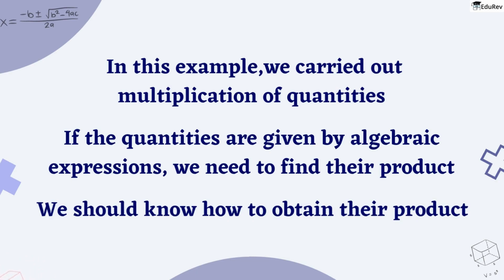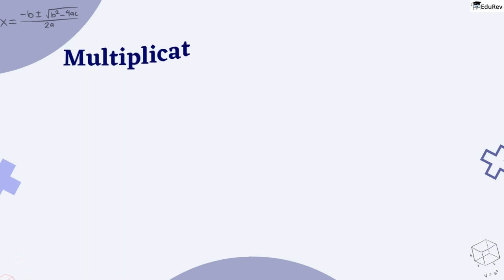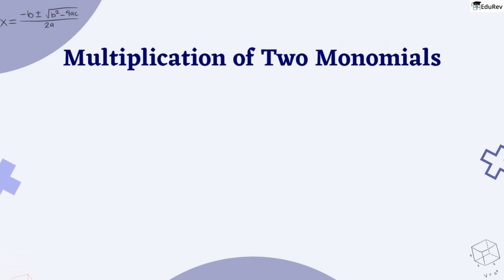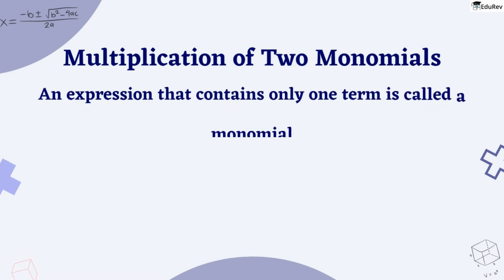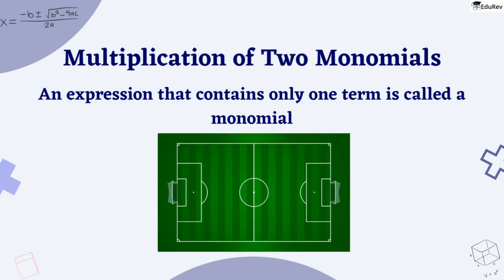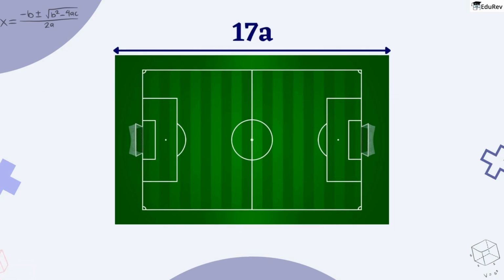To begin with, we shall look at the multiplication of two monomials. As you already know, an expression that contains only one term is called a monomial. Let's say you have to calculate the area of a football ground with its length as 17a and breadth as 6b. Now we know that the area of a rectangle is length into breadth.